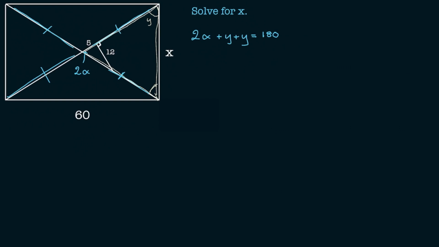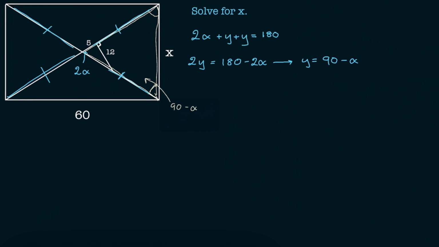If we subtract 2 alpha from both sides, we get y plus y, or 2y, is equal to 180 minus 2 alpha, which means that y is equal to 90 minus alpha. So this angle is equal to 90 minus alpha.